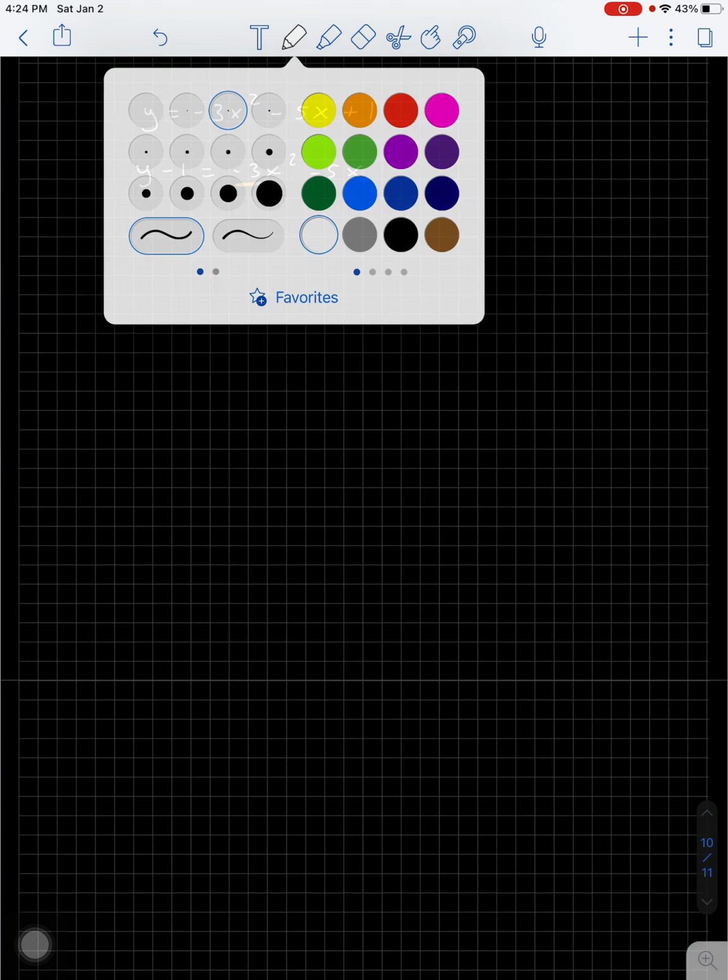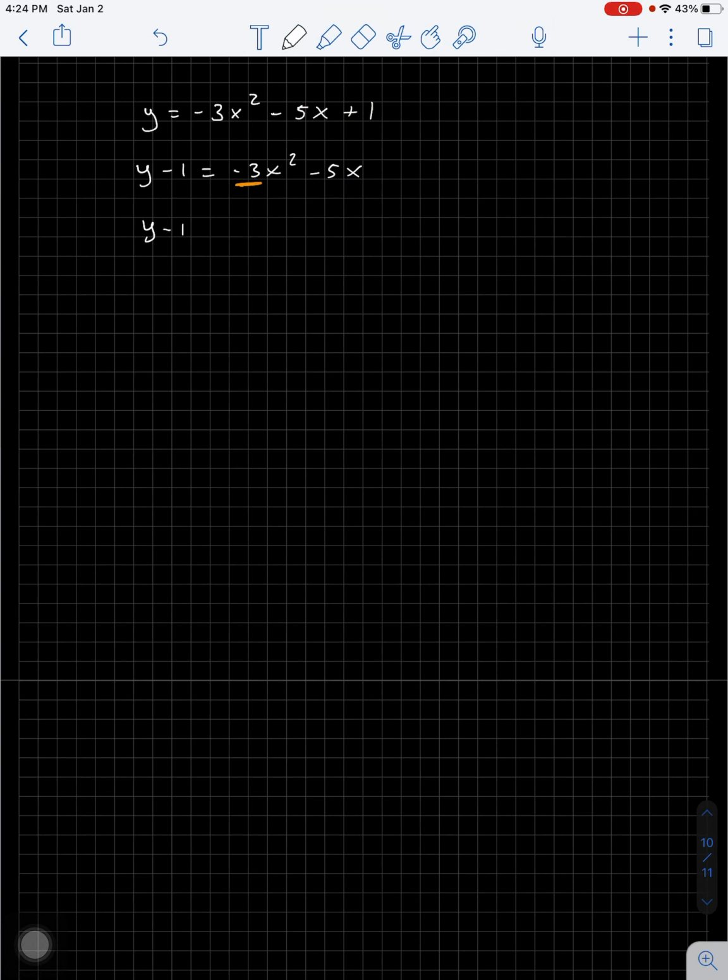Okay, so negative 3 is going to come out front. And the way that you factor something out, well, let's look at this over here. Let's say we were looking at 2x squared plus 6x, okay, and you were factoring out the 2. Most people can see that that's going to be 3 that's left over.